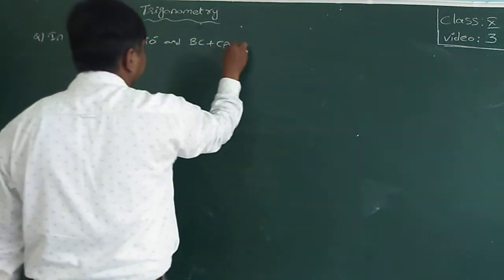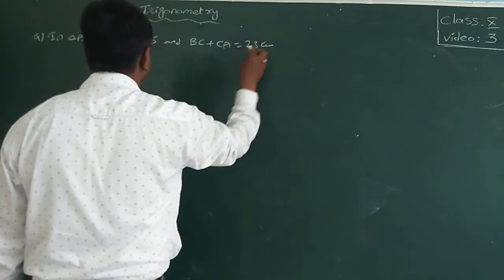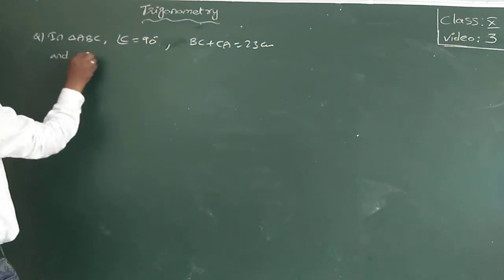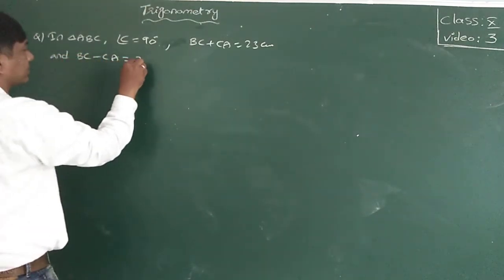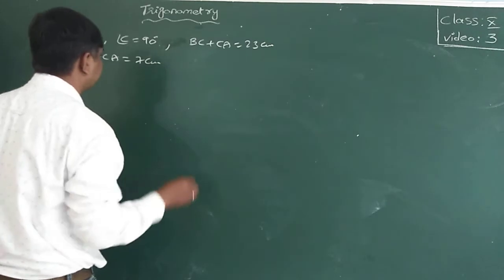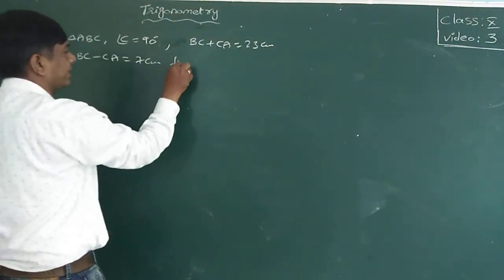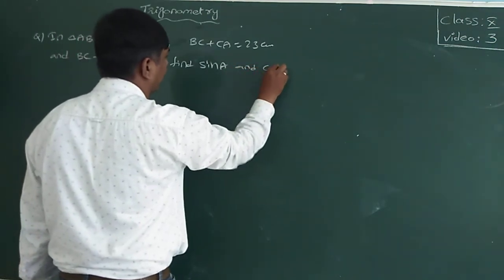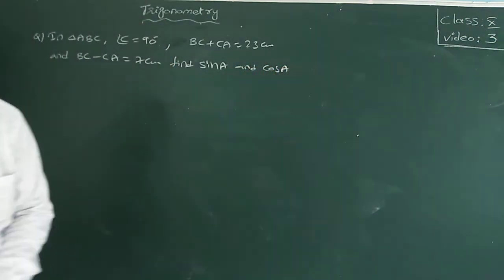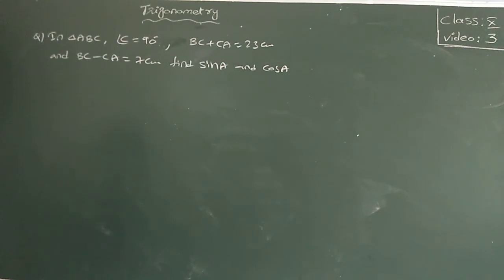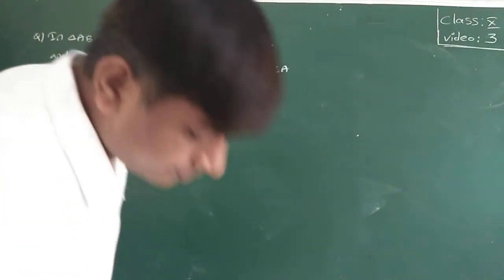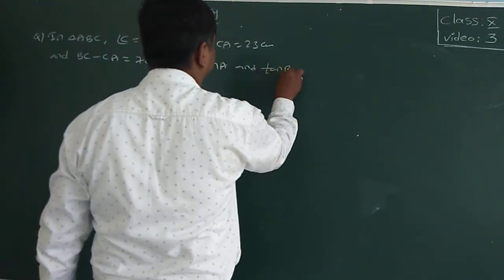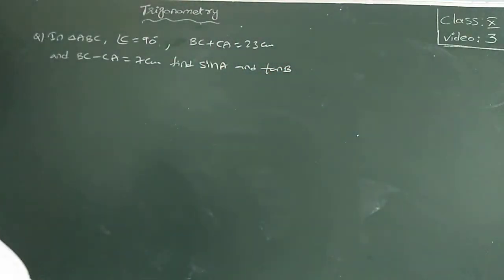BC plus CA is equal to 23 centimeters, and BC minus CA is equal to 7 centimeters. Find sin A and tan B.